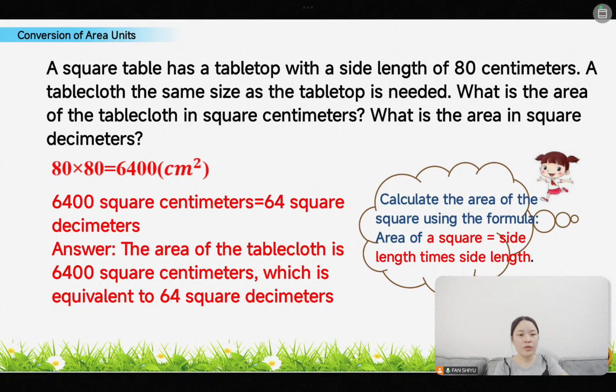We should use the formula: area of a square equals side length times side length.